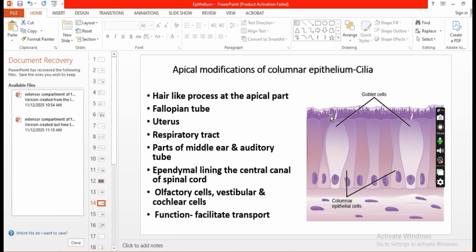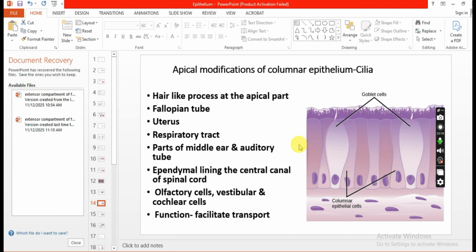The beating of the cilia is compared to wind blowing in a field. It starts from one end and moves in one direction like a wave. First the distal part moves, then the middle portion, then the proximal, so that it takes the released ovum from the distal part of the fallopian tube towards the uterus.